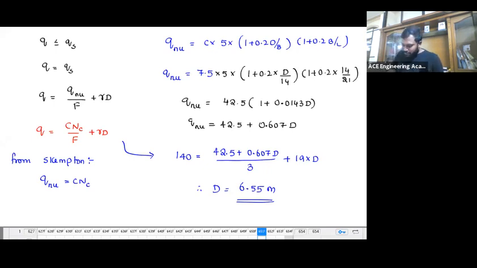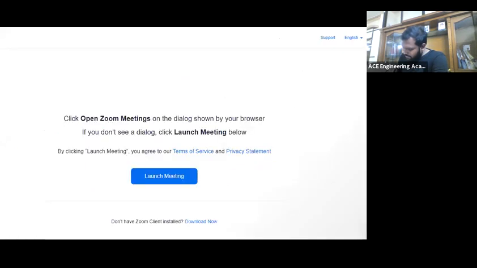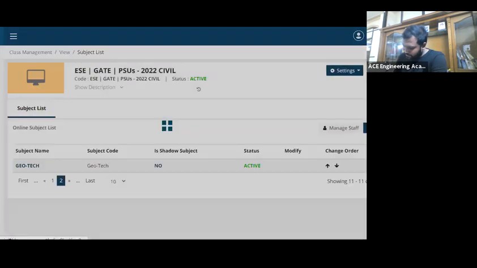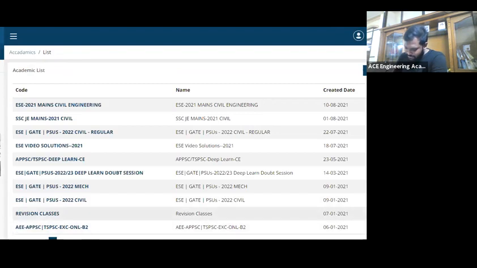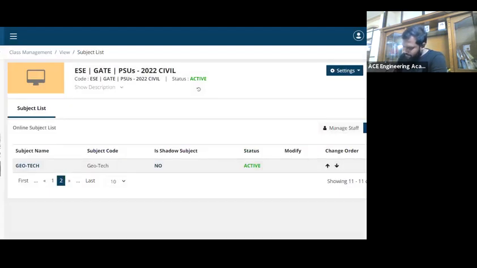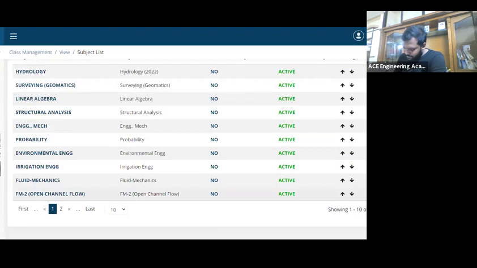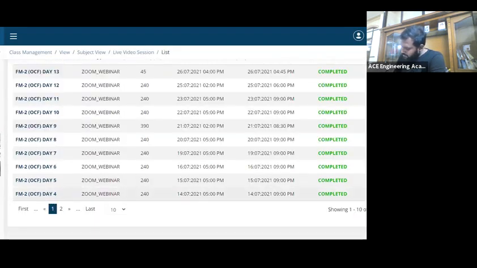Open channel flow was 14 or 15 days, right? It's not 20 days. When did we start open channel flow? I don't remember exactly. Let me check that. Yes, we started open channel from the 14th.